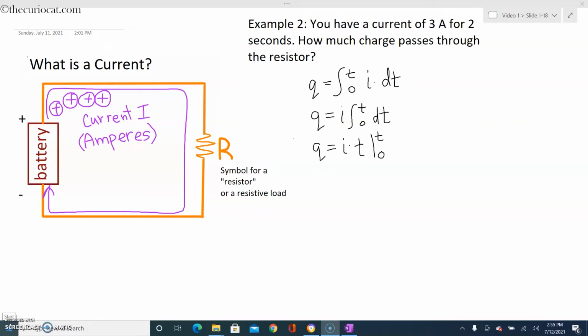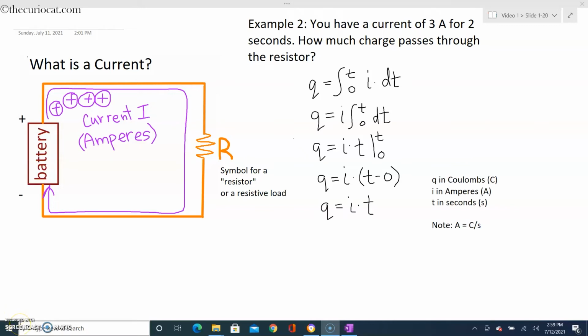Now, you see why some math people are annoyed, because my upper limit of integration is t, and I'm using that to substitute into my variable, which is also t, but I don't think that this is an issue. So now we apply the upper and lower bounds of the integration, and finally we get the result that Q is equal to I times T. And from a unit analysis perspective, Q equals IT makes perfect sense. So our answer is 6 coulombs.